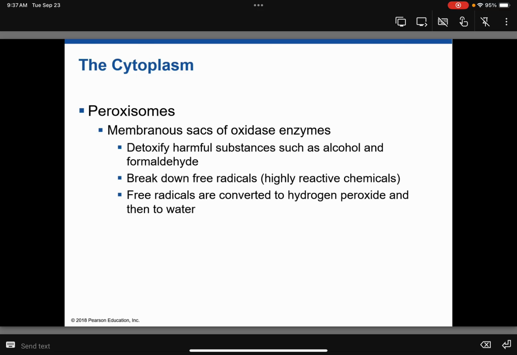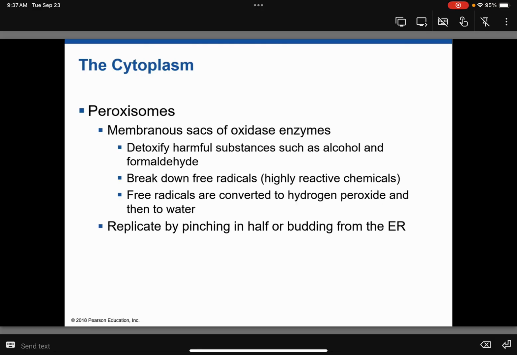Something very similar to lysosomes are something called peroxisomes. And these contain oxidase enzymes. So lysosomes contain enzymes. These also contain enzymes. But these ones will help to break down harmful substances that have entered into your cells, such as alcohol and formaldehyde.